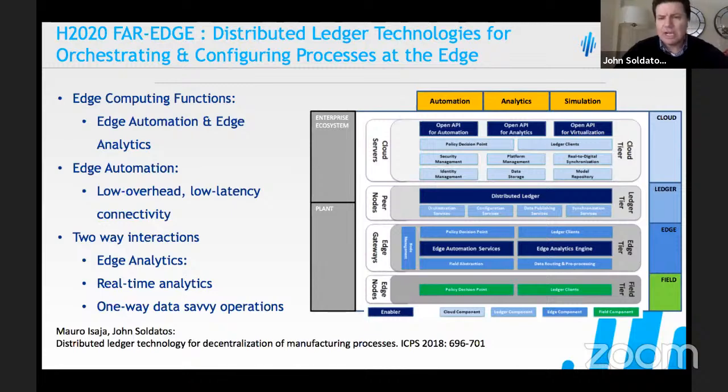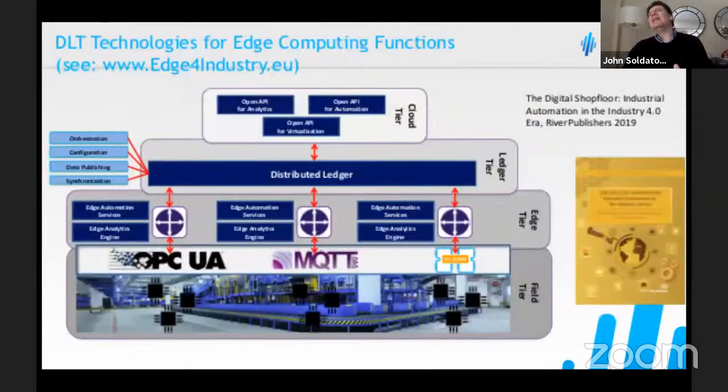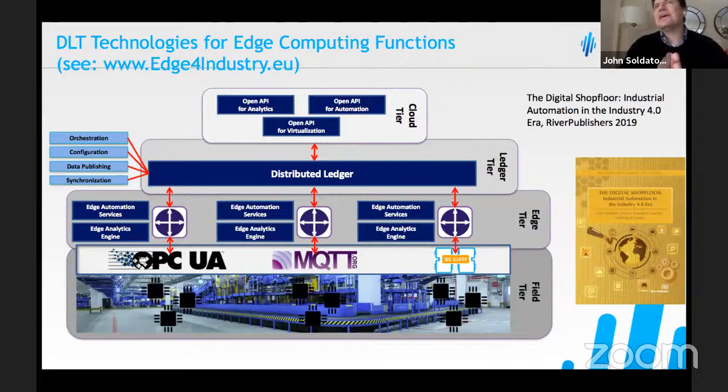transactions per second. So what we did here, we took an industrial architecture, and over the edge layer, or the edge tier, we introduced a ledger tier. So we introduced a blockchain infrastructure, which you can use for different purposes, for example, data provenance, which is very important in the industry because data are not always reliable.